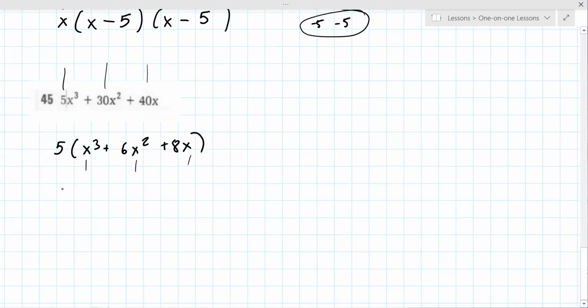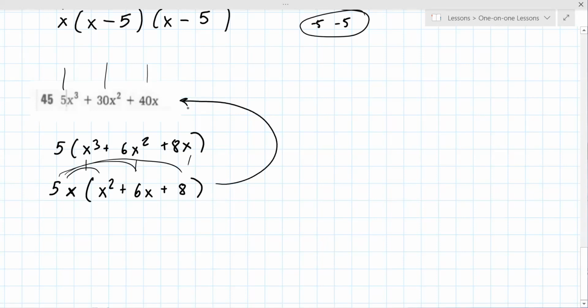So you factor an x out. So you have a 5 here, and then you grab the x, and you say, well, what's left over? Well, it's x squared plus 6x plus 8. So if you were to distribute this 5x into each term, you would get back to the original, and that's your check, if you need it, if you have time, etc.